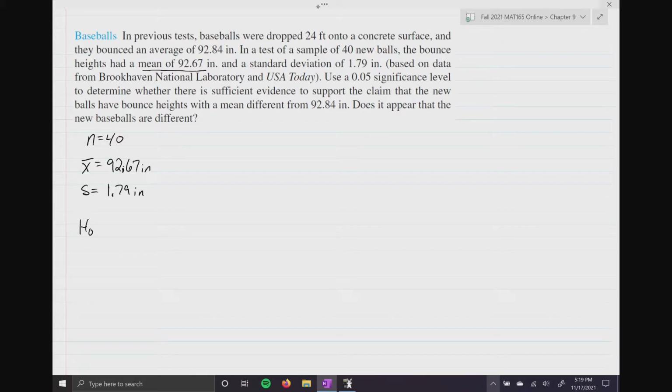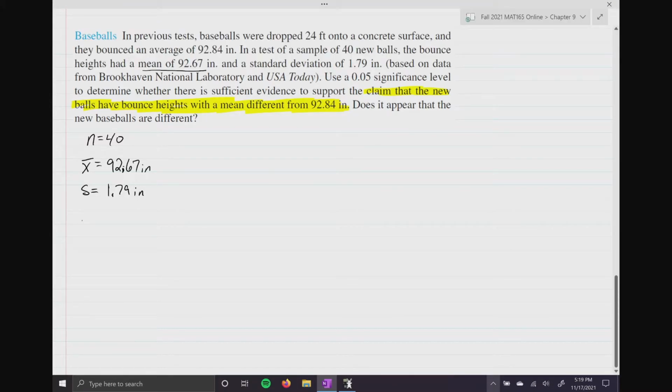I'm also going to highlight what I think is a very important part of the problem, which is that somebody's claiming something. The claim is that the new balls have bounce heights with a mean different from 92.84 inches. All right, so let's get to the good stuff.